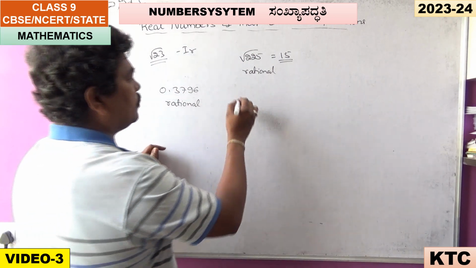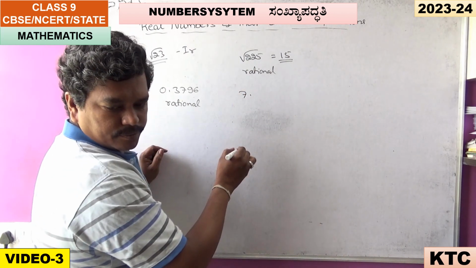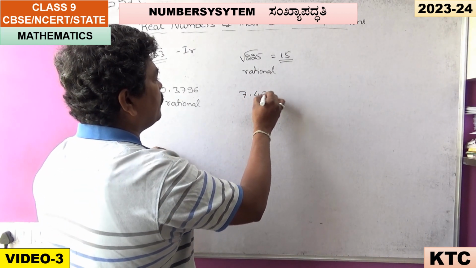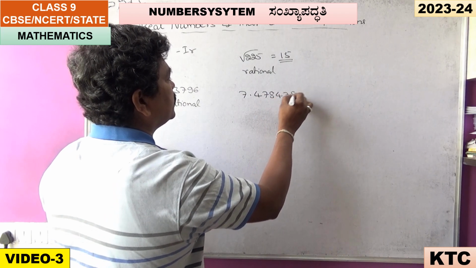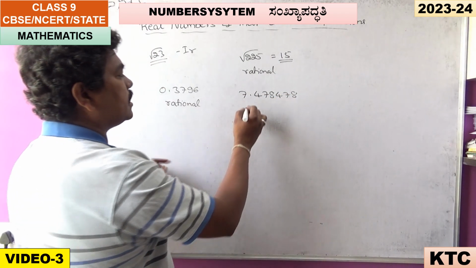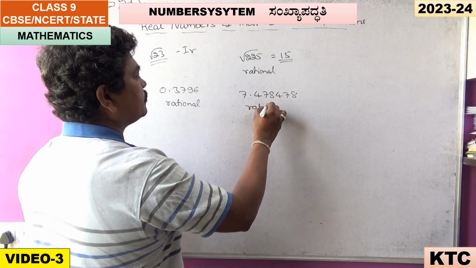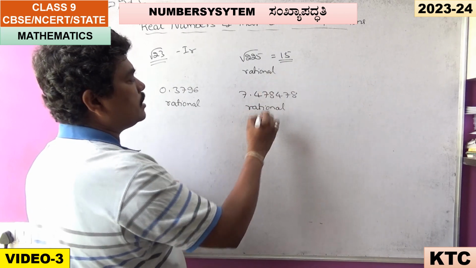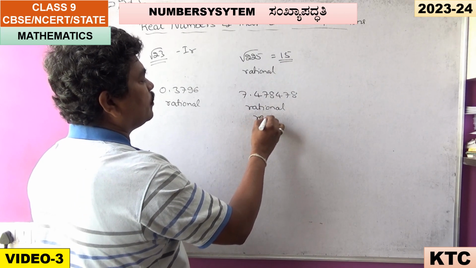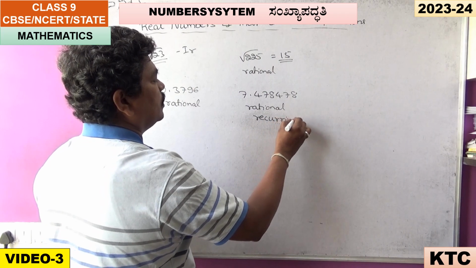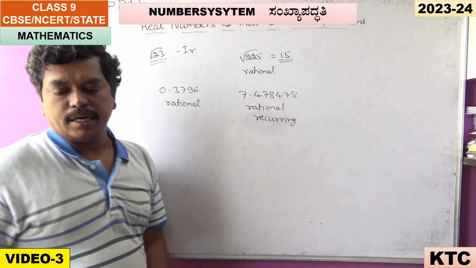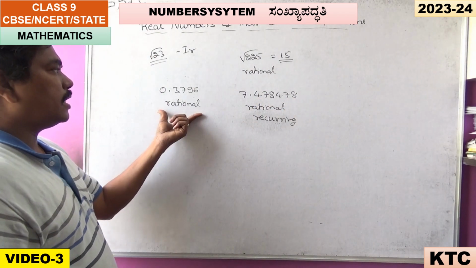And also another one is there: 7.478478. This is a rational number because this is a recurring one. This is the recurring decimal expansion. This is the terminating one.